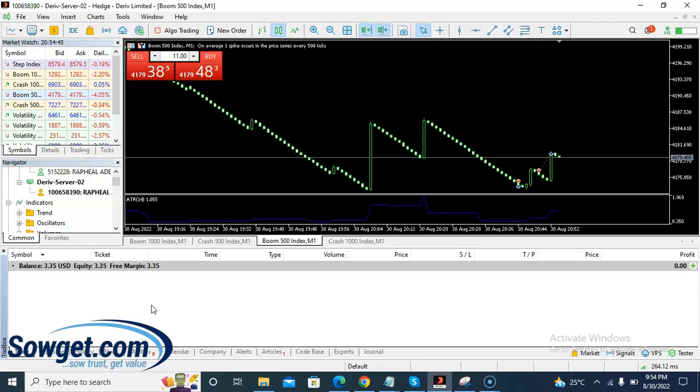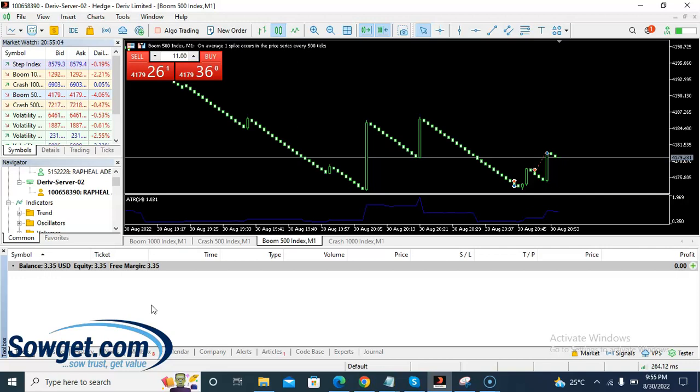First of all, remember that to trade on Boom and Crash, the minimum lot size you can use on Deriv is 0.2, and the maximum is 50. As for the leverage, Deriv won't display it for you to change or check. Secondly, your stop loss is not honored. Same with trailing stop.